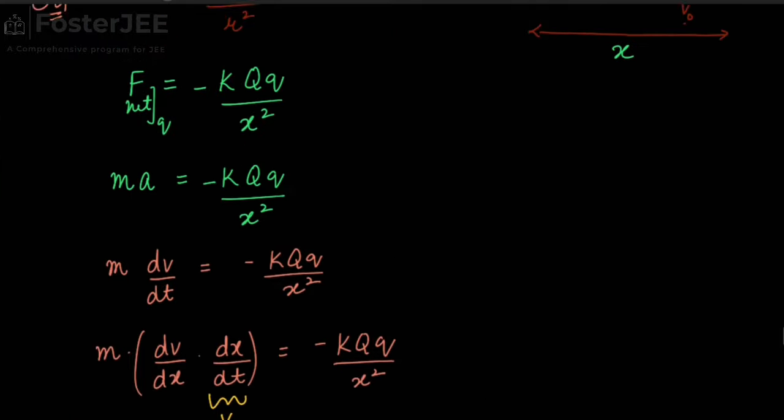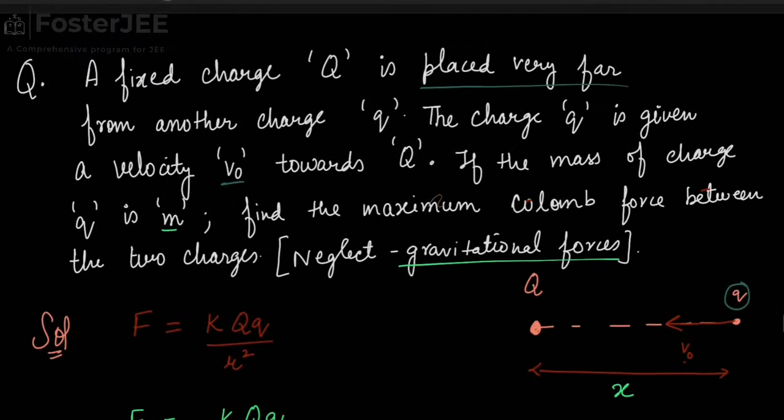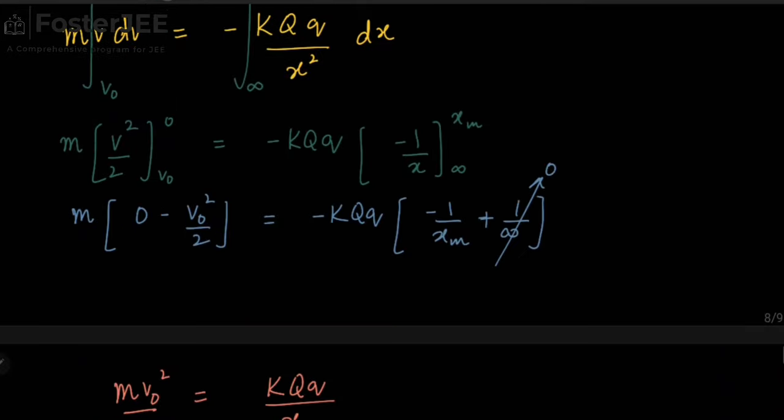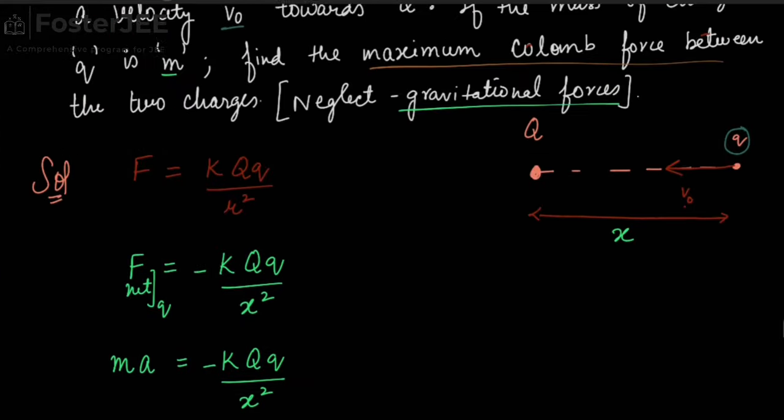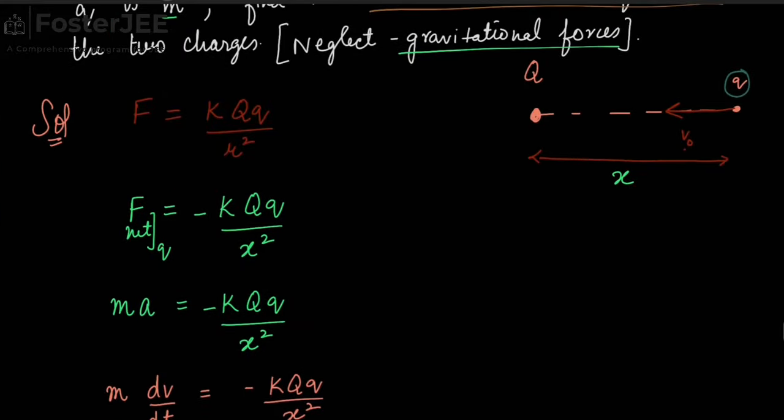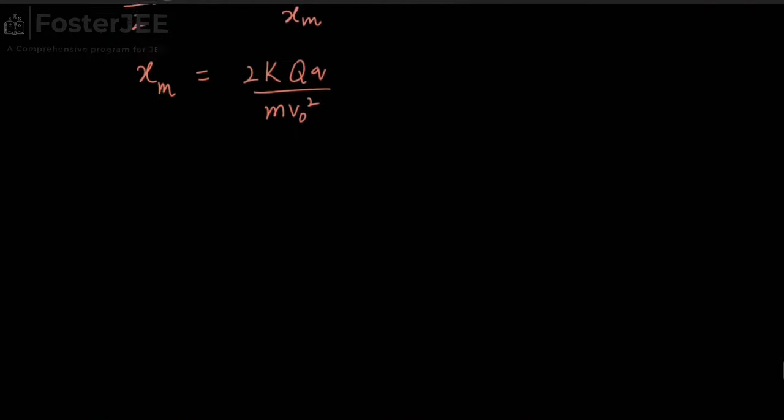But this is not all. We have to find out the maximum Coulomb force between the two charges. We have concluded that the maximum Coulomb force will act when the distance between the two charges is minimum, and that distance is this.